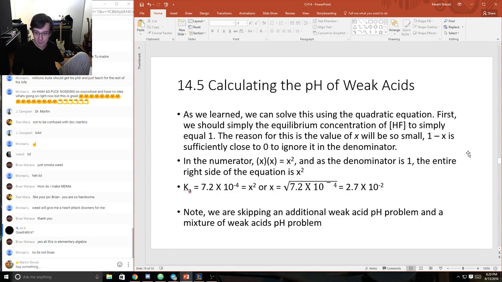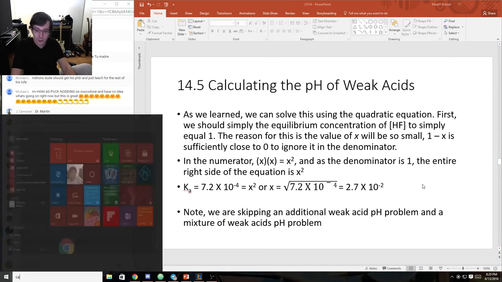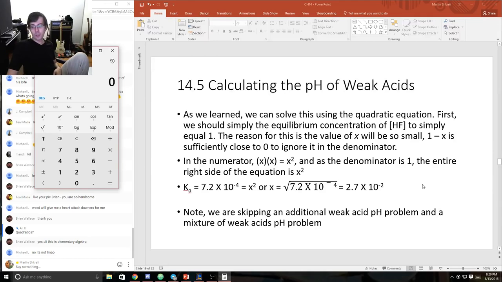So what's the negative log? I guess I skipped that here, but we can do it pretty easily, right? So we take 2.7 times 10 to the negative second. Let's take the log first, and then we'll multiply by 2.7. And then if we do the log, and then we negate it, we get 1.56.